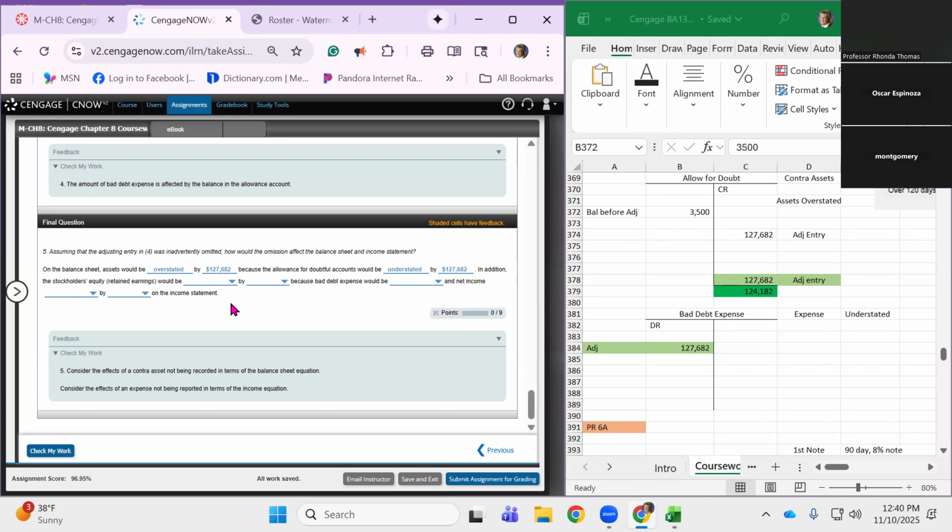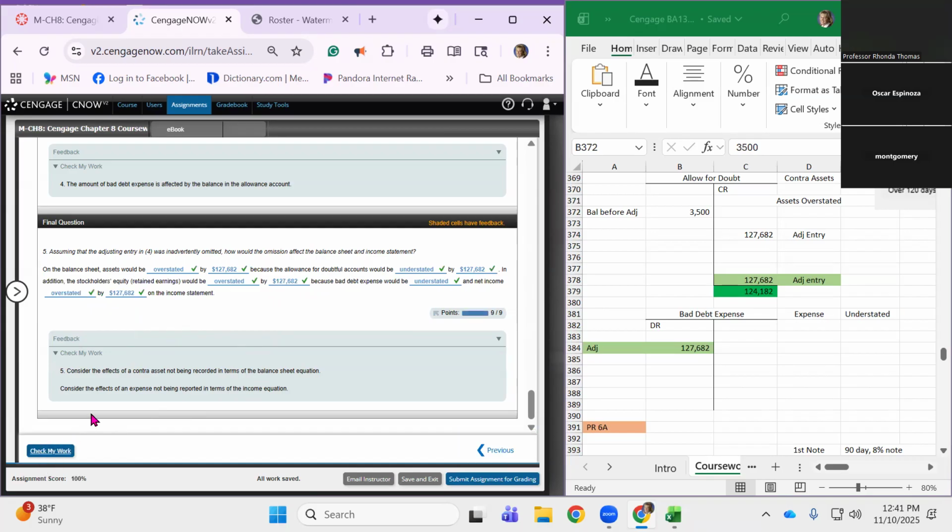Well, remember, in addition, the stockholders' equity, retained earnings: bad debt expense was understated. When you have an expense that's understated, what happens to your net income? It's overstated, and this all boils down to the amount of that adjustment. And so therefore, equity would have been overstated by the amount of the adjustment.